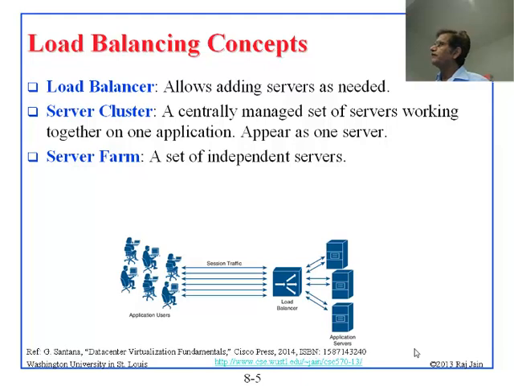So even though this is one server, it might have not only 16 cores, but 16 blades in it. All right. So that is the whole thing, one cluster. As far as we are concerned, it is just like one server. A server farm is a big room full of servers.